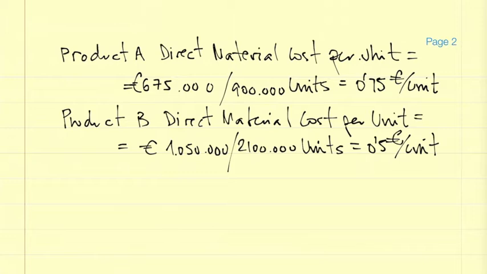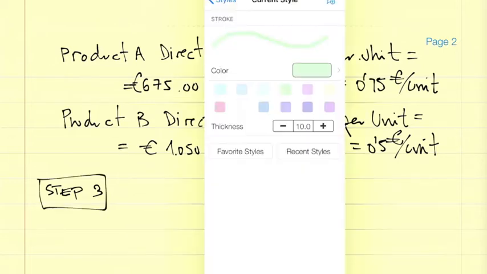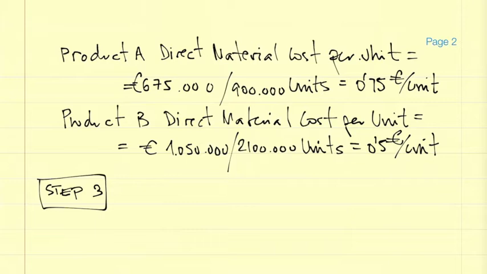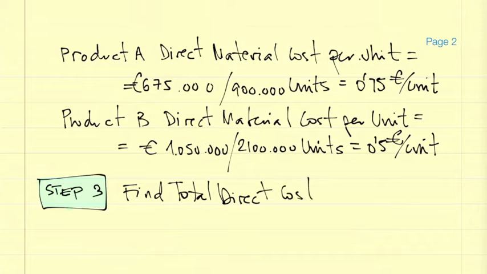This is not really rocket science. So step 3 is find the total direct cost for each unit. I try to go really slowly, okay?